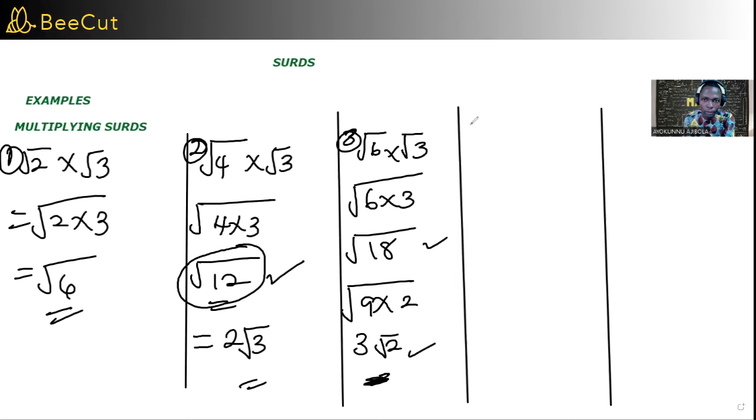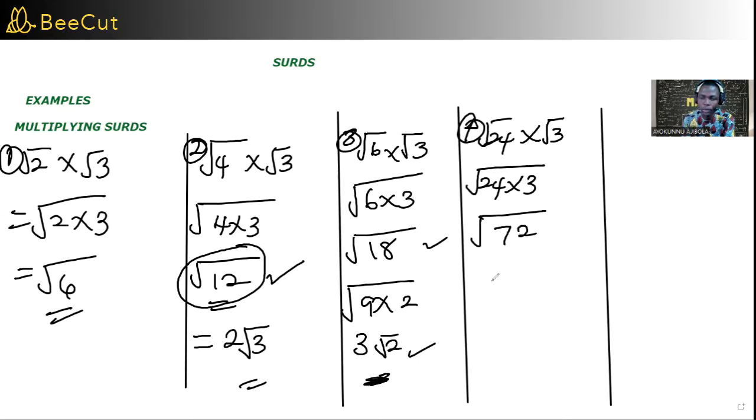Now, number 4, root 24 times root 3. That is root 24 times 3, and that is root 72. 36 times 2.